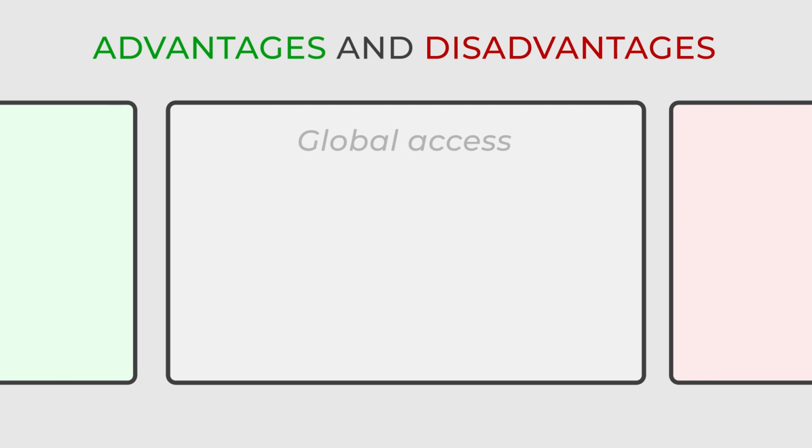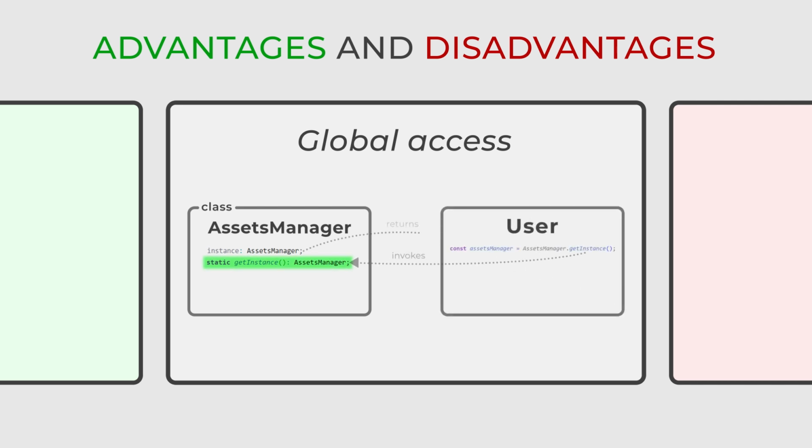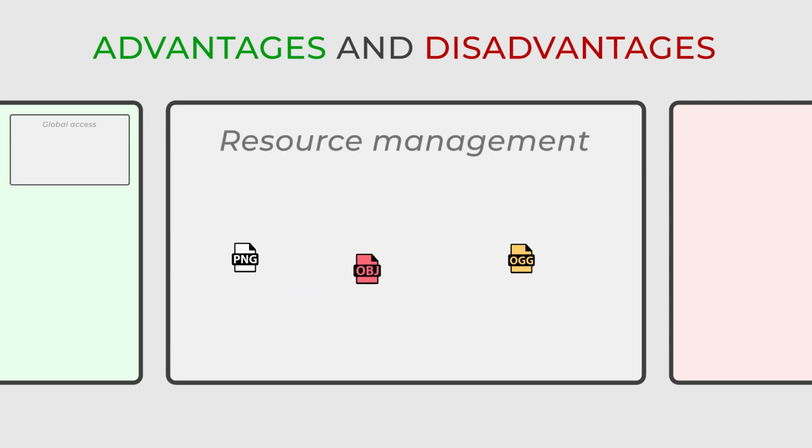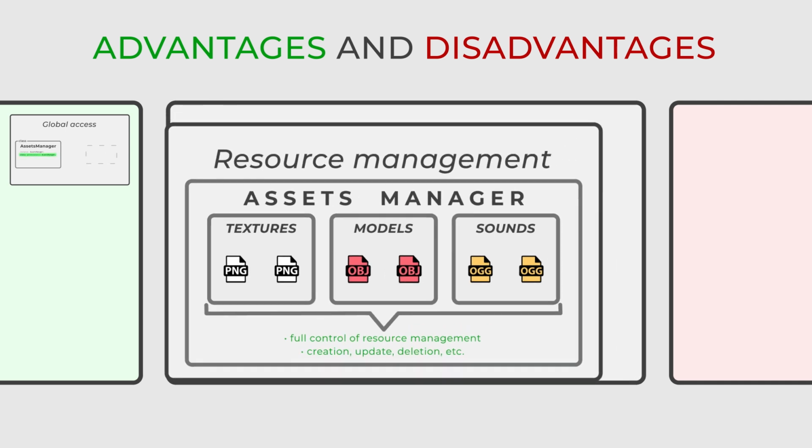The Singleton Design Pattern offers several advantages. One of the key benefits of the singleton pattern is providing a single, well-defined access point to an instance, ensuring global access and making it easy to manage and use throughout the application. This design pattern also excels in resource management, as it can control the allocation and release of resources, guaranteeing their efficient use.